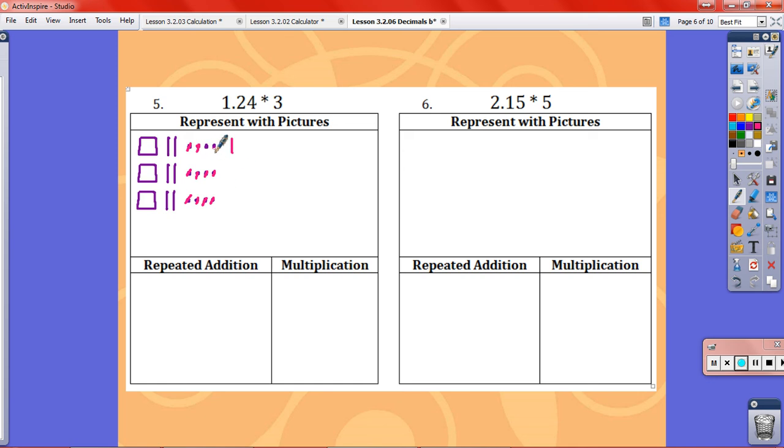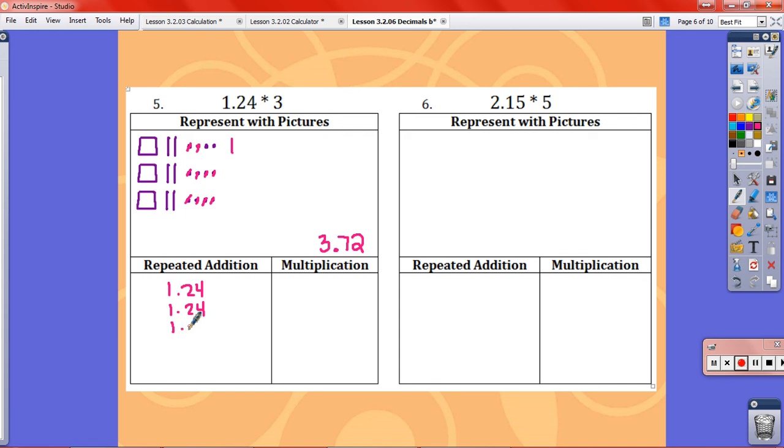And then I just have 2 hundredths left. So I am going to have 2 hundredths in my answer, 1, 2, 3, 4, 5, 6, 7 tenths in my answer, and 1, 2, 3 wholes in my answer. 3 and 72 hundredths.